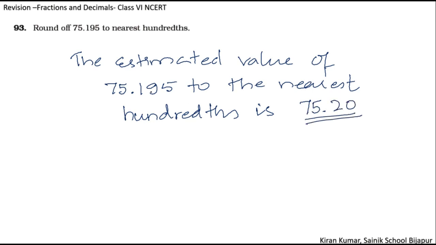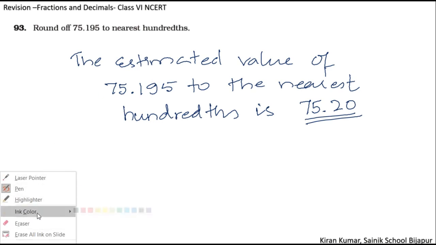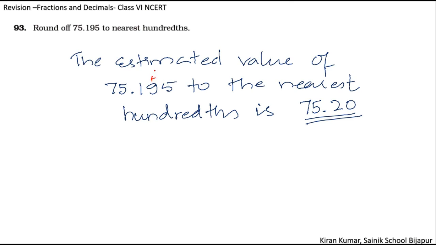The reason is 9 is a number larger than 5. I need to estimate this digit to the next value. Sorry, 5 is a number which is larger compared to 4. So this has to be increased by 1. Let me write it here with a different color. This has to be plus 1. When plus 1 is done, it becomes 10. So 1 is added here. This becomes 2. And the remaining digits we have to write as 0.